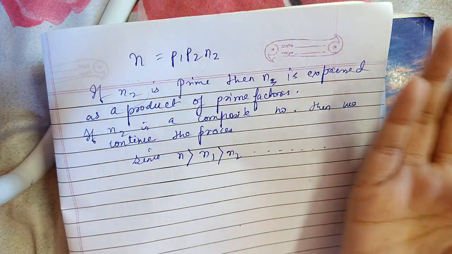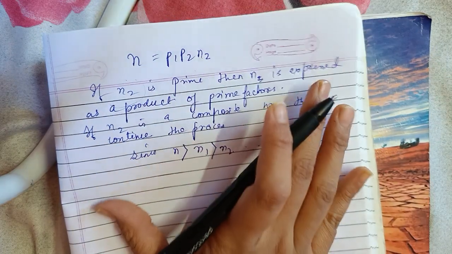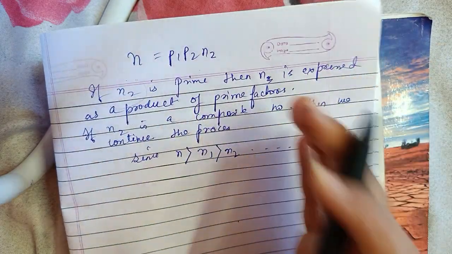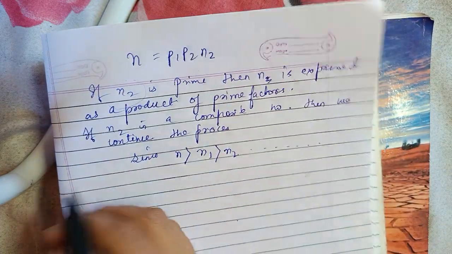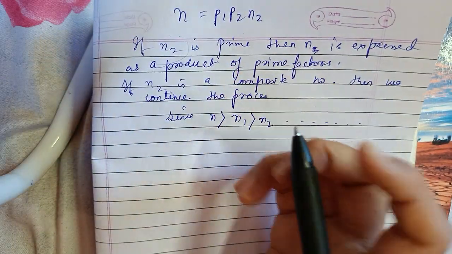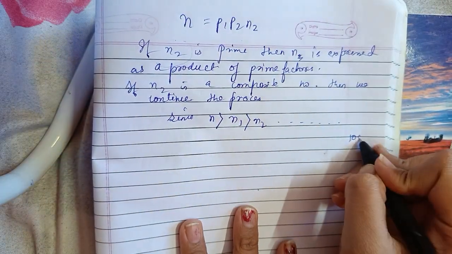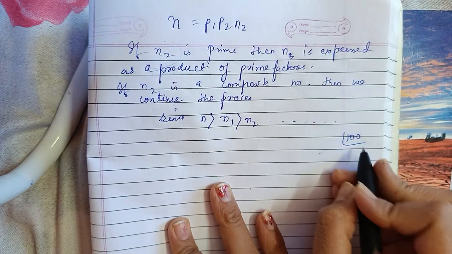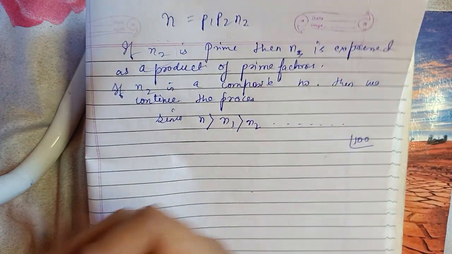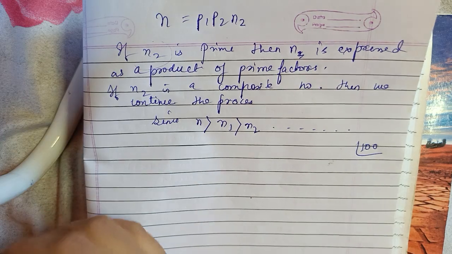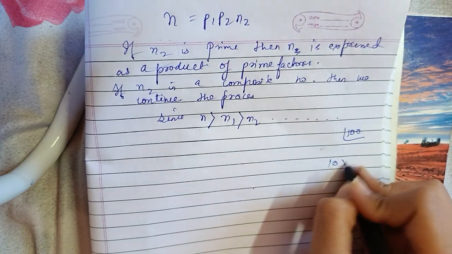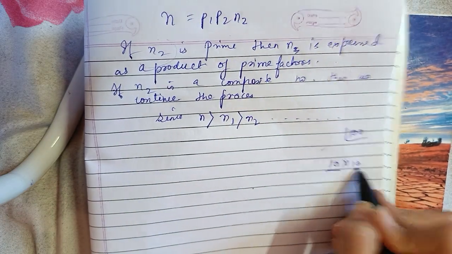No, we cannot find the prime factors of that largest number right now, but let's think of the number 100. If we start from 100, someone will say that 100 can be written like 10 into 10. 10 cross 10 is 100. But 10 is not a prime number.